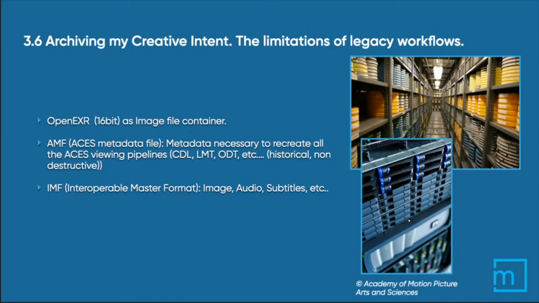Individual ACES container files can be wrapped together into an MXF file as AP0 2065 and joined with other packaging metadata to create what is called the IMF, or Interoperable Master Format. I never manage to say that properly, but that is the actual master and archive. That's what you will be providing to Amazon, to Netflix, and so on. That's what they want.